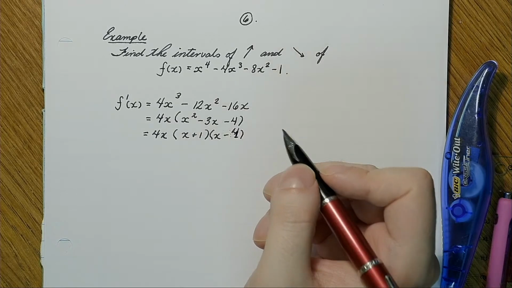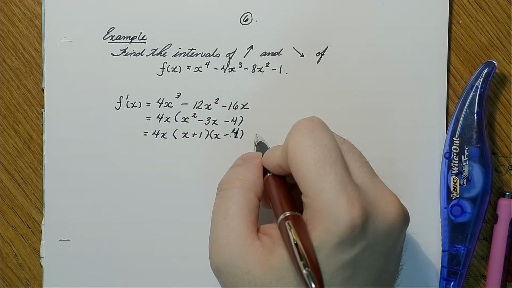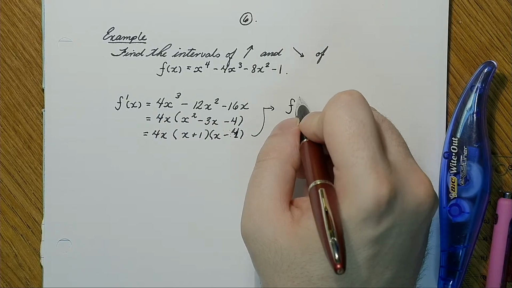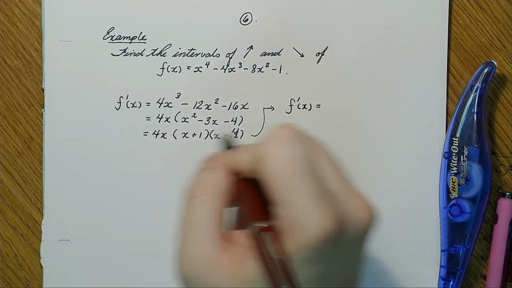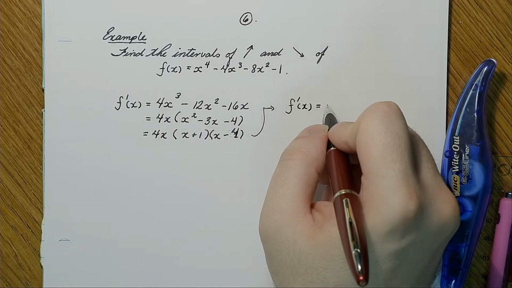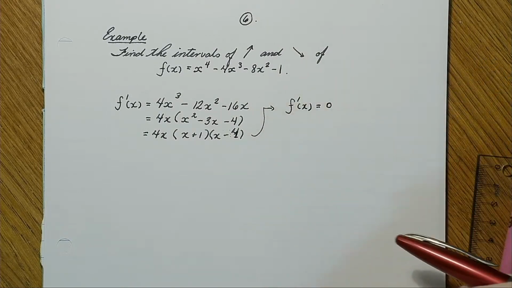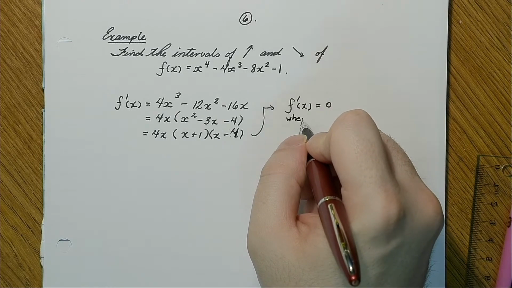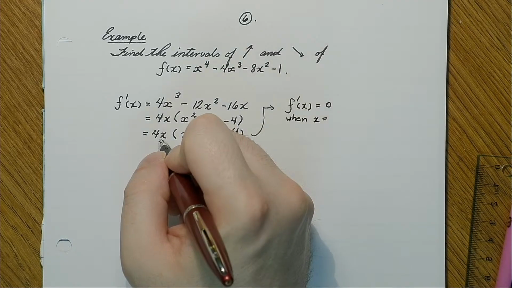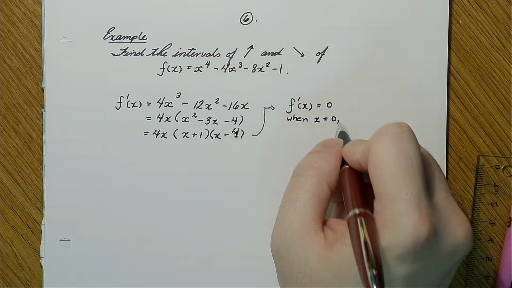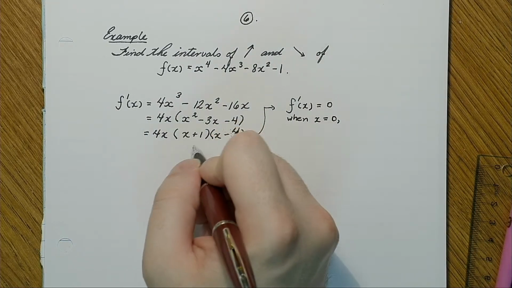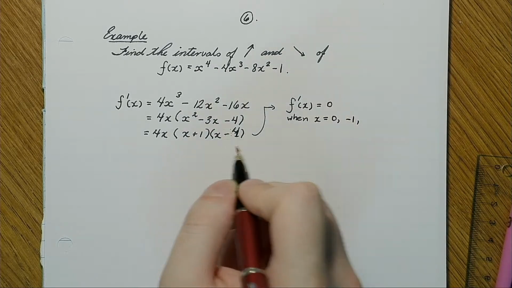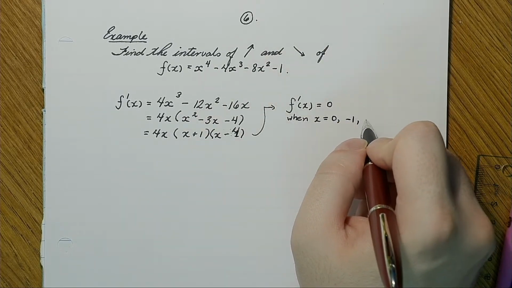That's equal to 4, and so that means this derivative is equal to 0 when this is equal to 0. This one right here is equal to minus 1, and this one is equal to positive 4.